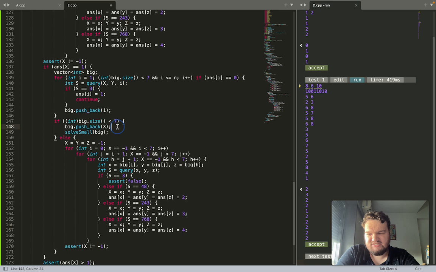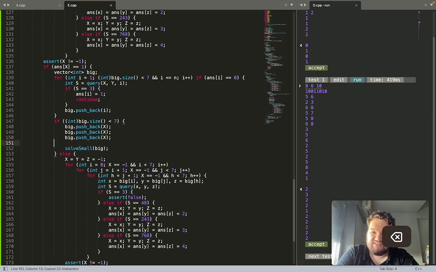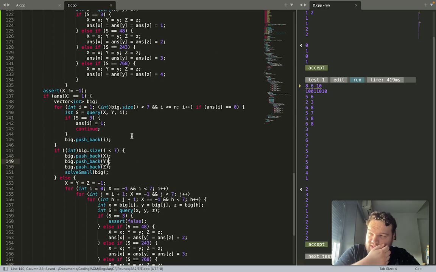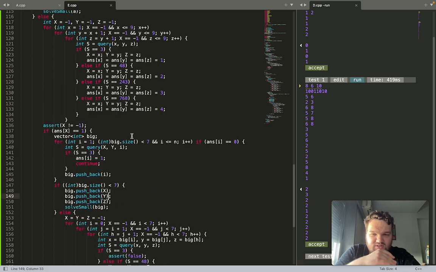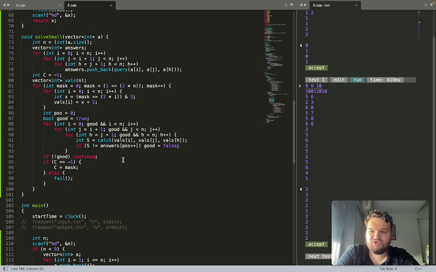Okay, here maybe I should put all three XYZ so that I know that they're ones and small will be able to determine that. Yeah, let's do that. That's more safe, and it shouldn't mess with the number of queries too much.